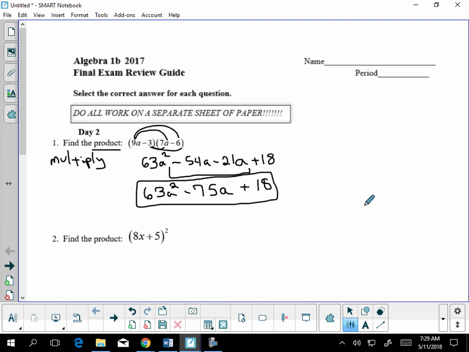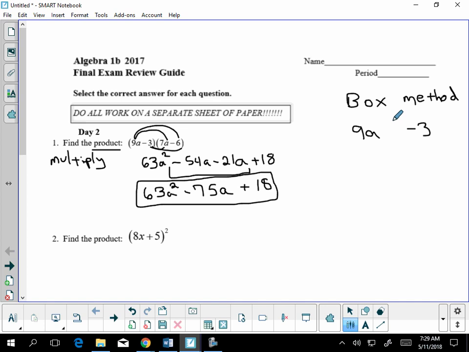A second way to do this is with the box method. So this is method number 2. And I do not care which way you do it on your test. Do the one that is most comfortable with you. So I have a 9a, and I have a minus 3.